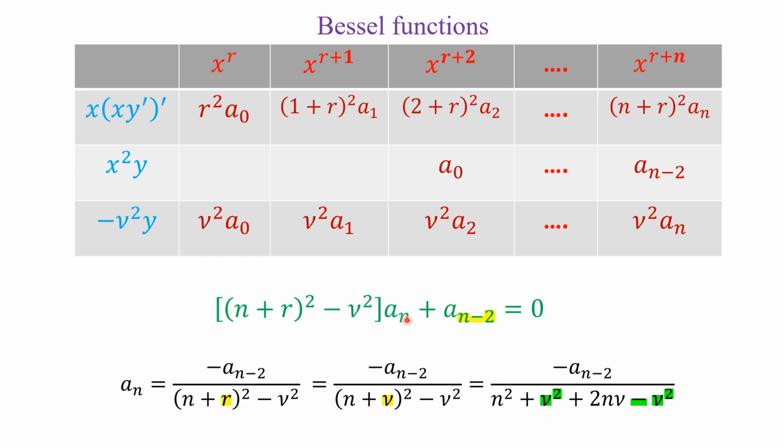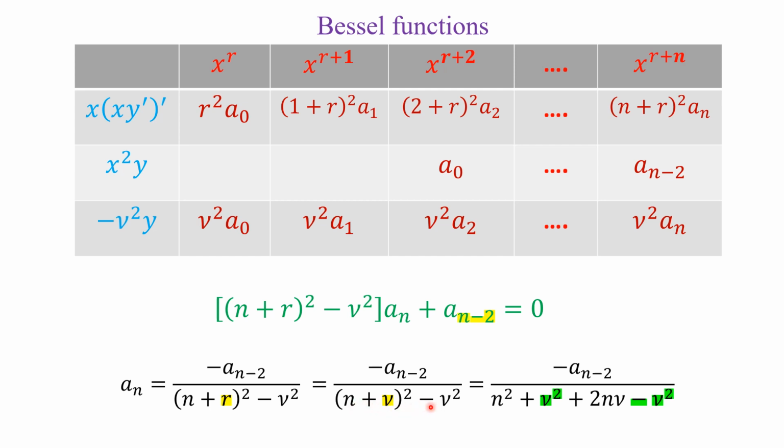Then what is an? If you bring this to the right hand side, this will become minus an minus 2, and this you bring to the denominator in order to find an. Because I told you our ultimate aim is to find an and r. R we have already found, and that is nothing but nu. So here I am replacing r by nu.